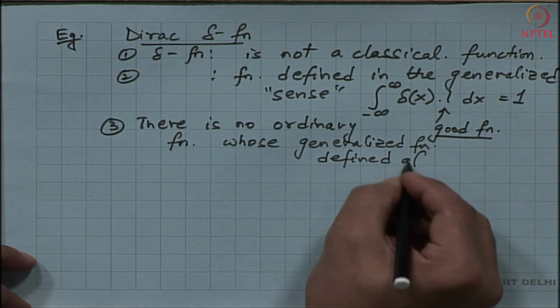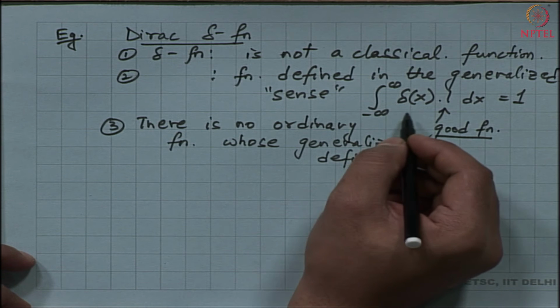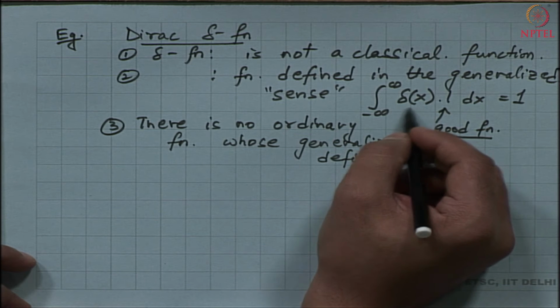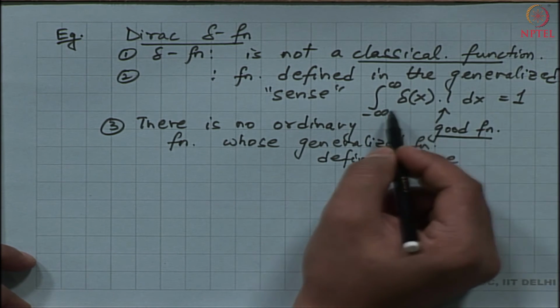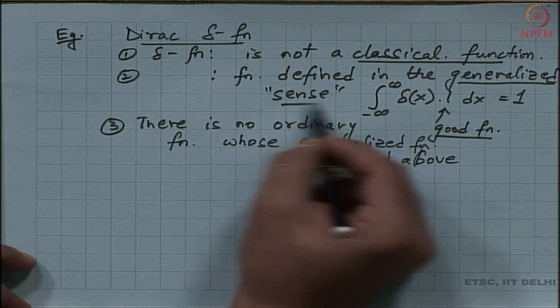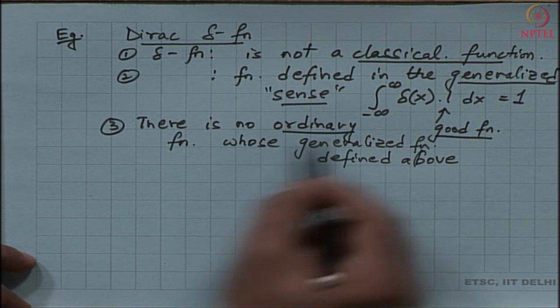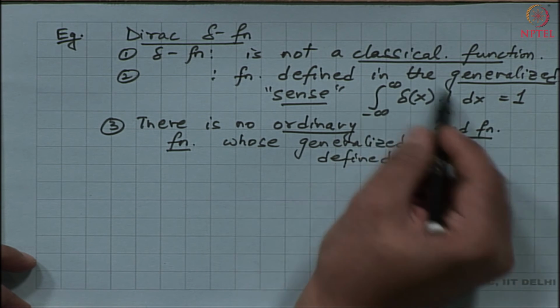So, what I mean to say is that my delta function is only defined, well, we all know what the delta function is. The delta function is going to go to infinity at a particular point and 0 otherwise, but as such it is not a function in the classical sense. It is only a function in the generalized sense as defined by this integral, and there is no ordinary function whose generalized function equivalent is defined here.